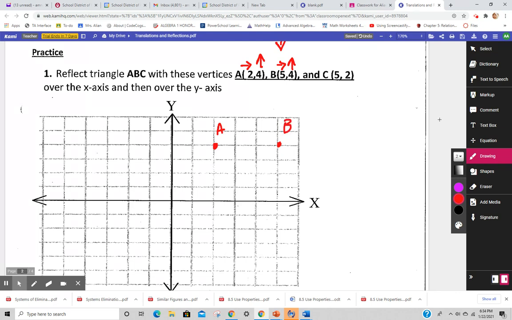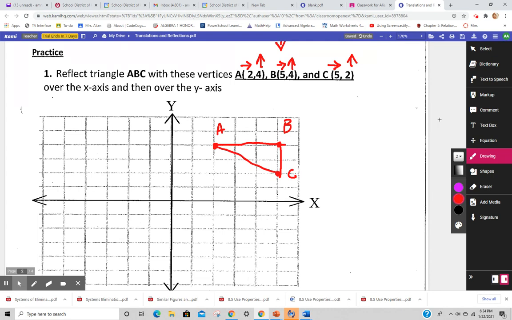B. Right 5 and up 2. So here's 5, up 1, 2. So this is C. So connect the points. So this is our pre-image.